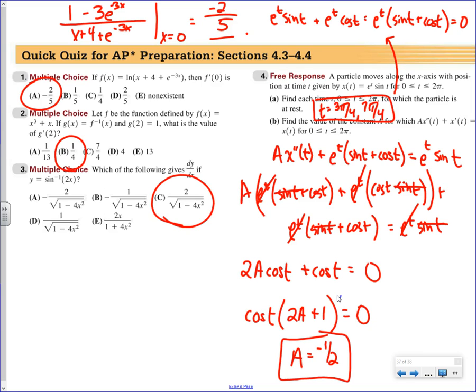Gabby, could you explain how to do number 2? Yeah. Number 2, I'm trying to find g prime, which is the derivative of the inverse, right? So I know it's going to be 1 over f prime of f inverse of a. Or you can think of it as f inverse of a is b.